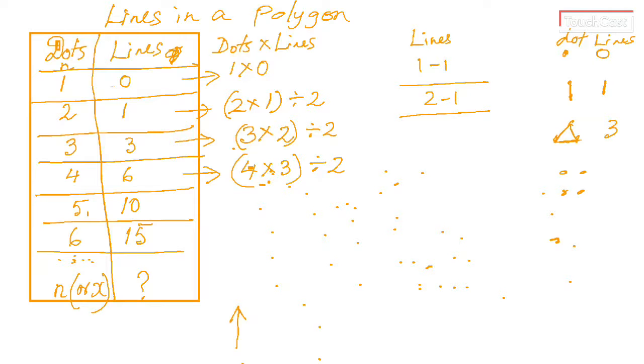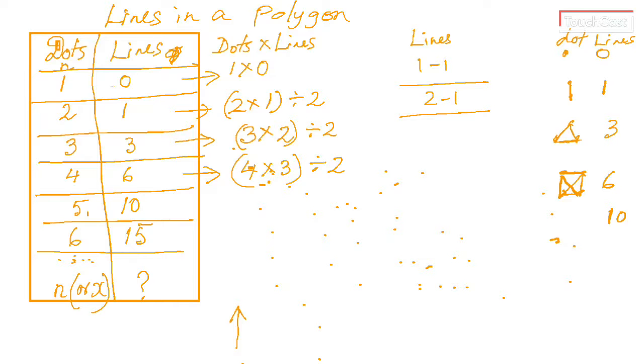If you have 4, you can simply connect it like a rectangle and then draw the diagonals, and that makes it 4, 5, 6 lines. And if you have 5, it will be 10.